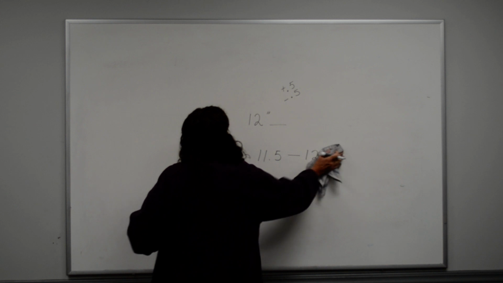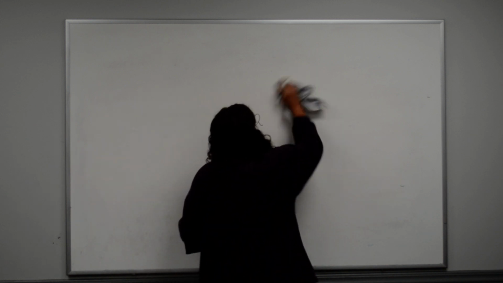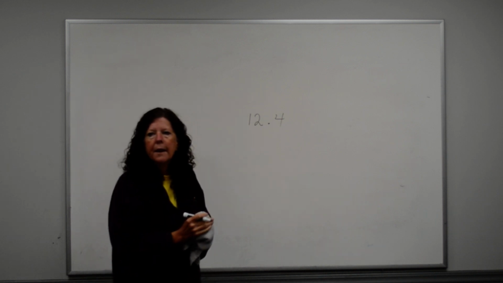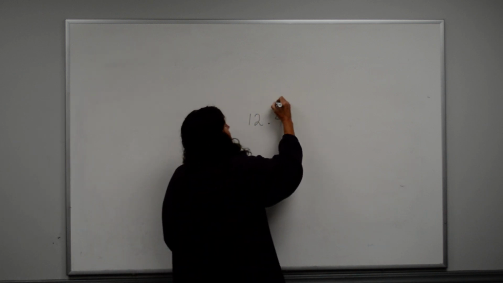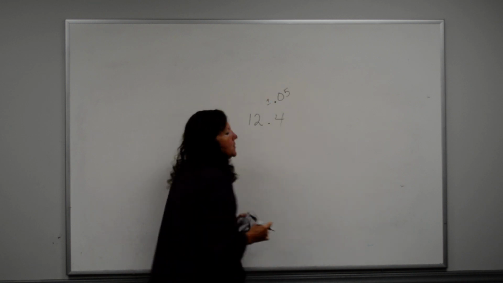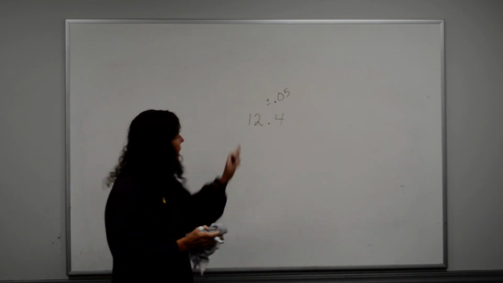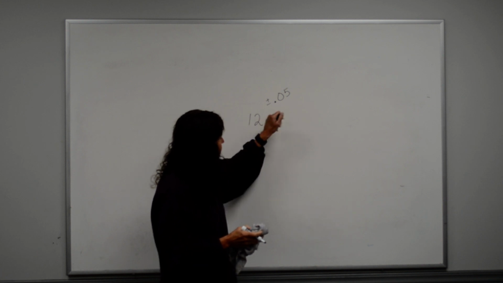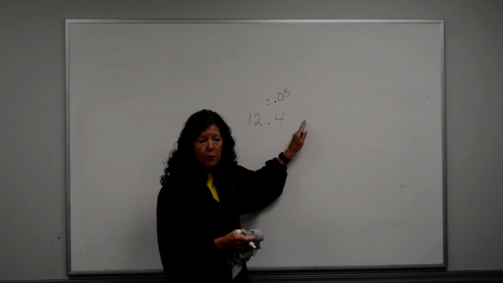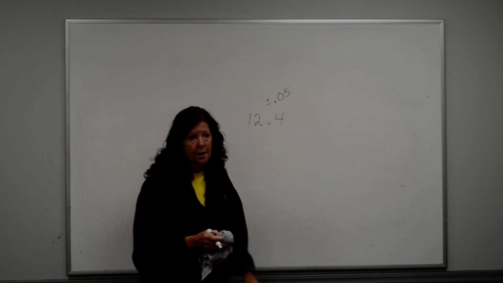If I turned around and said, well, this is 12.4, now what I'm adding to it is 0.05, and that's what I'm also taking away from it, because I put a place value right here, I put a 0, and then the next spot over, I'm going to take half of, so that's going to be 5.